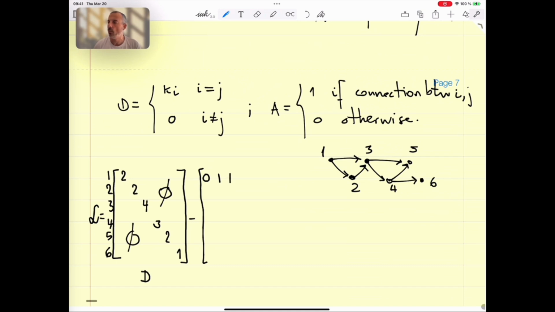We put a 1. Does 1 have a relationship to 4? No. We put a 0. Does 1 have a relationship to 5? No. 0. To 6? No. 0. Understood? 1, 2, 3, 4, 5, and 6. Understood? Questions on how I did this?